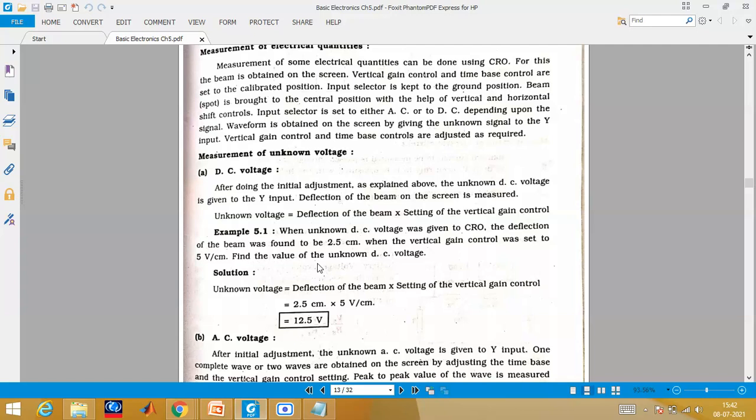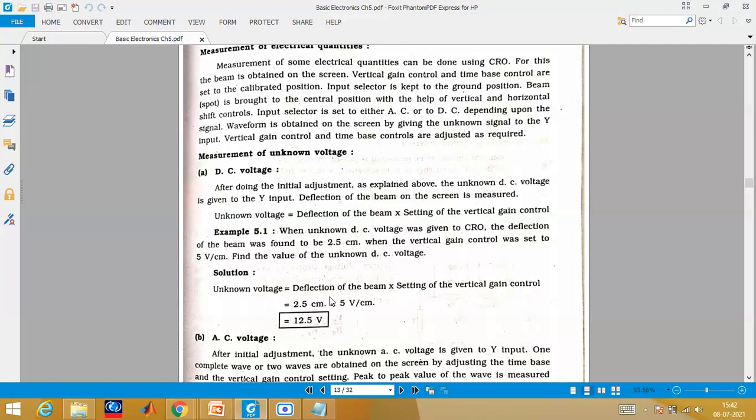Find the value of the unknown DC voltage. The deflection of the beam is 2.5 centimeter, already given in the question, and the vertical gain is also given. When you multiply these two, you get the unknown voltage.